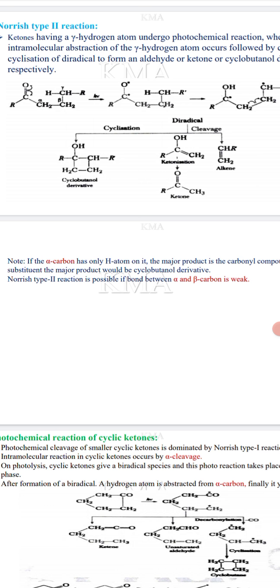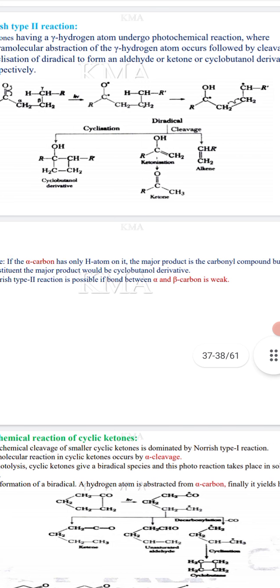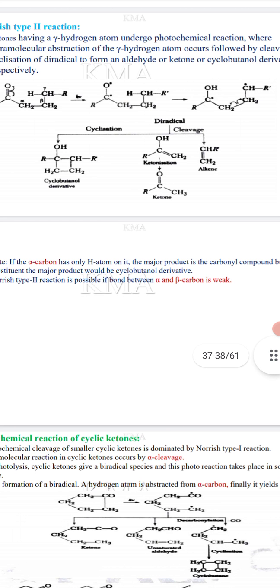So first of all, when it is irradiated with photochemical radiation, the gamma hydrogen is abstracted by the carbonyl group and the two electrons are distributed, one at carbon, another on oxygen.